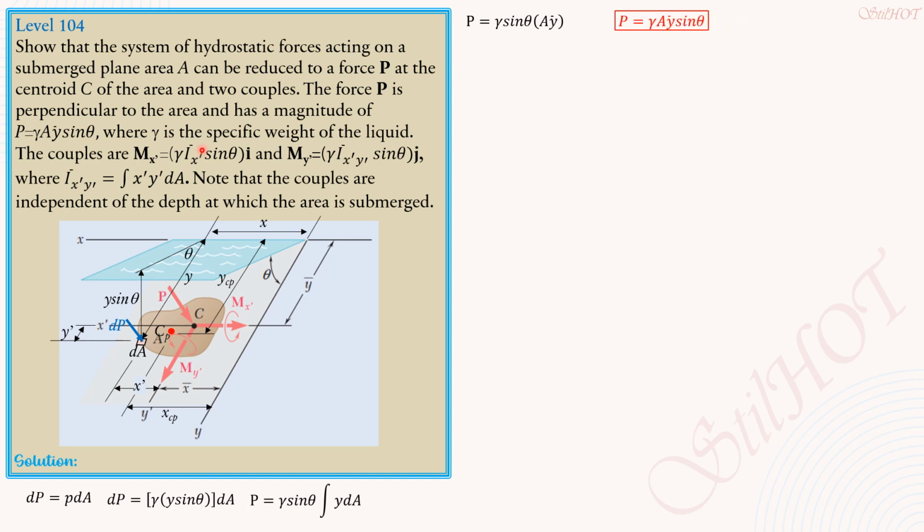Then for the moment about x prime, it is supposedly dP times y prime, but we'll not do that yet. We'll simply compute the moment of P about the x-axis first and define the moment about x prime later for the couples. So Mx equals P times y sub cp.